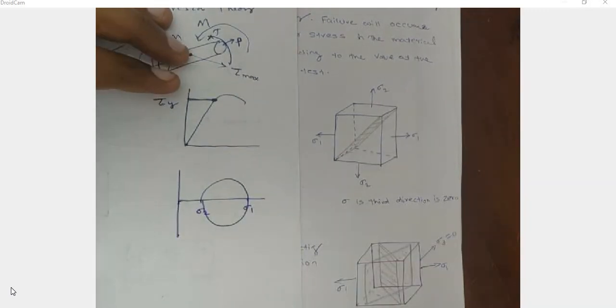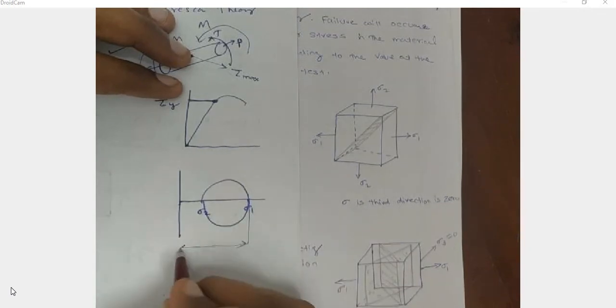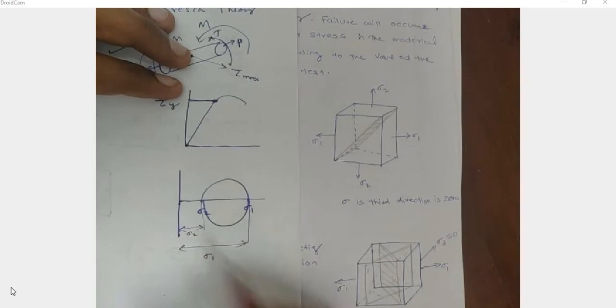In this Mohr's circle, this is sigma 1 and this is sigma 2. And what is the diameter of this Mohr's circle? Sigma 1 minus sigma 2 is the diameter of the Mohr's circle.